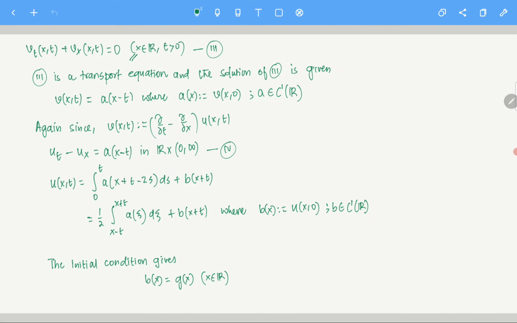Now if we substitute all of this in u, let's call it 4.